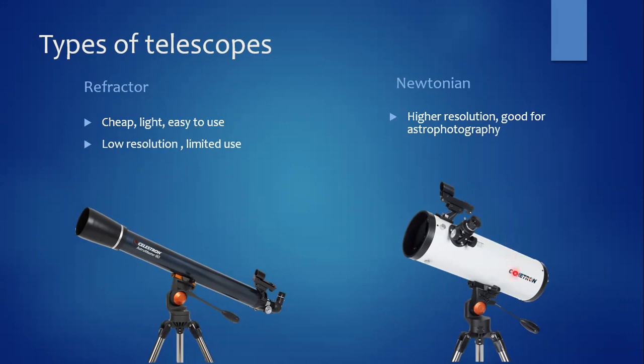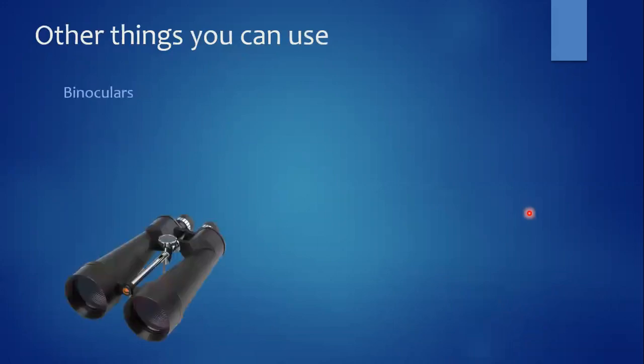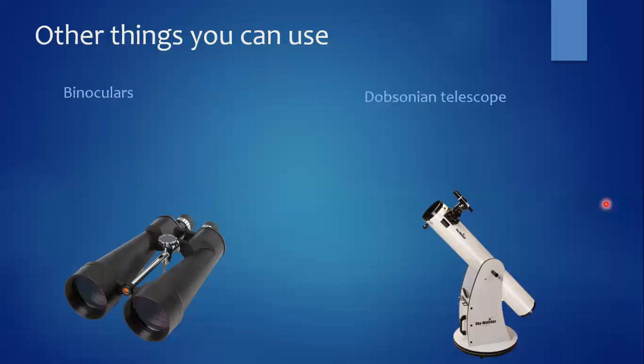On the other hand, the Newtonian telescopes have higher resolution because they have a very big mirror inside them, which increases the resolution and the aperture, and they are good for astrophotography, but they can get heavier and a bit tricky to use.